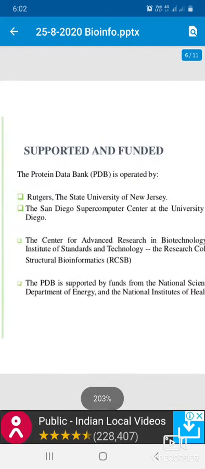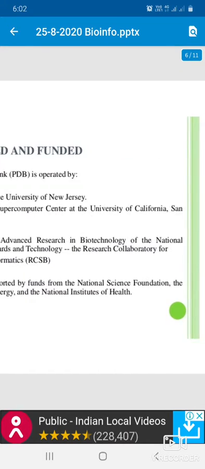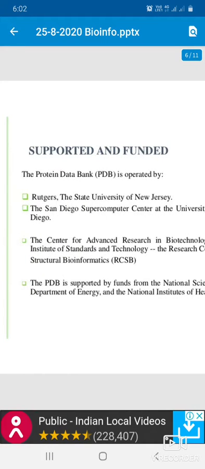The Protein Data Bank is supported and funded, and operated by Rutgers, the State University of New Jersey, and the San Diego Supercomputer Center at the University of California, San Diego.